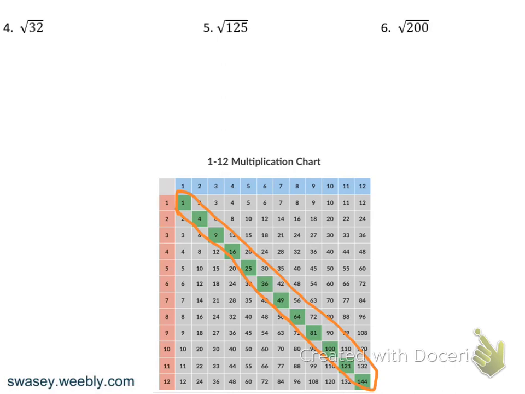If you can pick out the biggest one, it'll get you to the answer the quickest. So 16 times 2 gives us 32. And the perfect square factor of 16, the square root of 16 is 4.